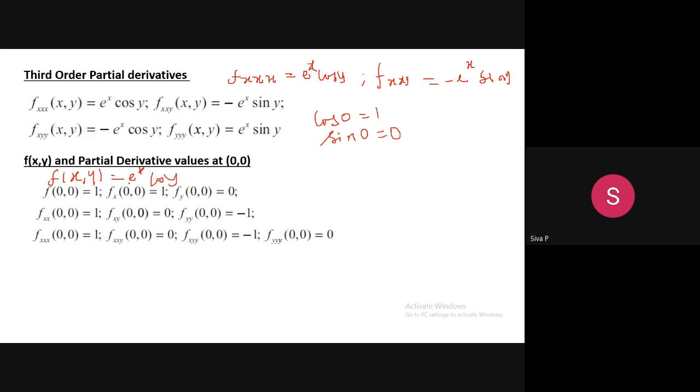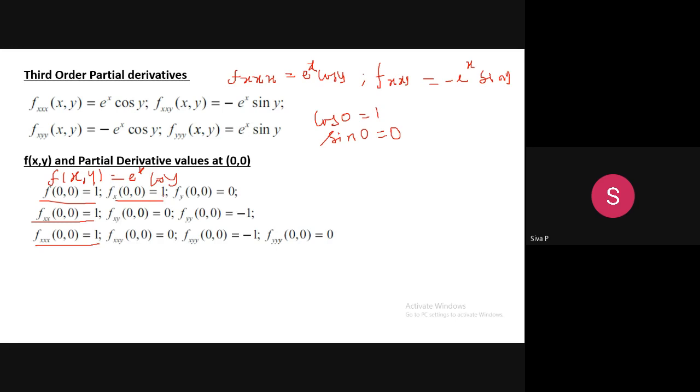So if you substitute 0 comma 0, you will get e power 0 is 1, cos 0 is 1, value 1. Therefore f of 0 comma 0 is 1. Fx of 0 comma 0 is the same, e power x cos y. Similarly fxx is also 1, fxxx is also 1. Okay, there is no doubt in this.